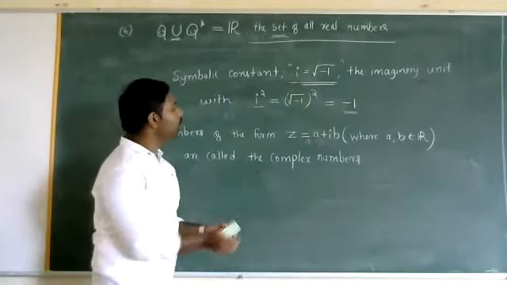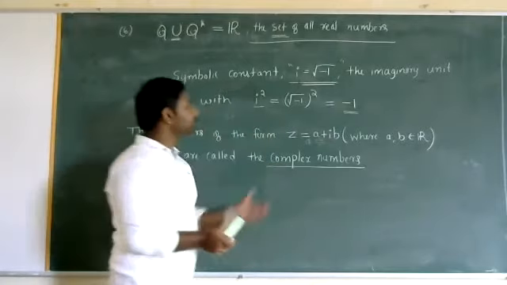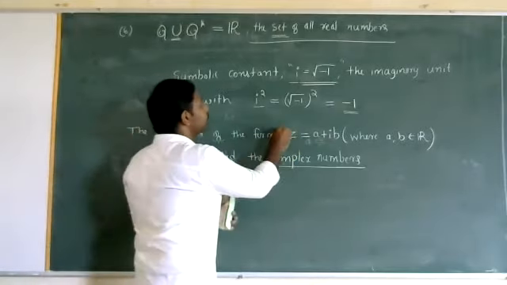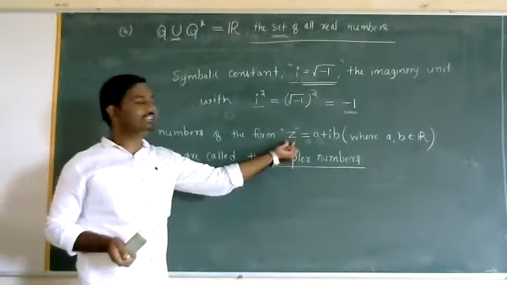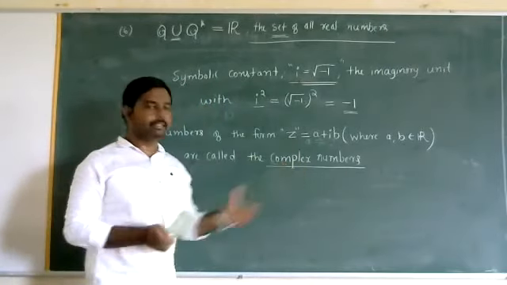Usually we denote these complex numbers by the small alphabet z.